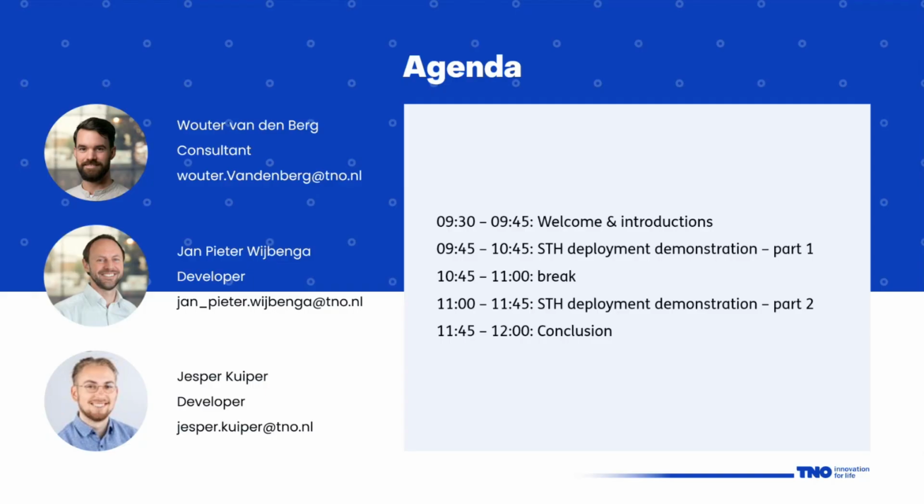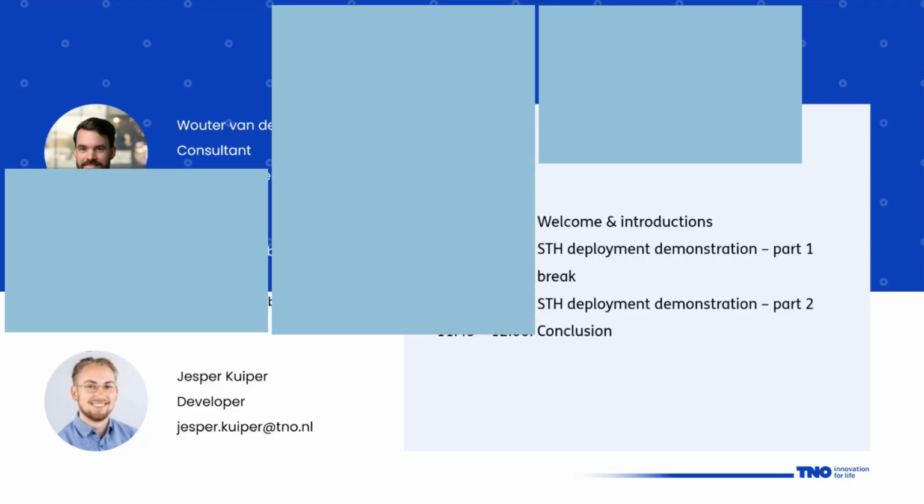So that means that if you have some issue, or a suggestion, you can go to gitlab.com/semantic-treehouse, and you can help us report the issue and improve the platform further. Now, without further ado, I would like to start the demonstration, and I give the floor to Jan-Pieter Wijbinga.